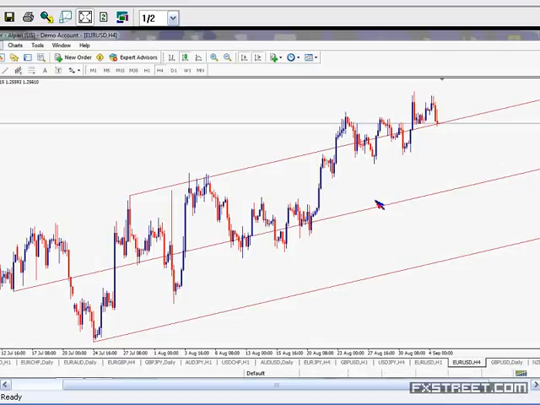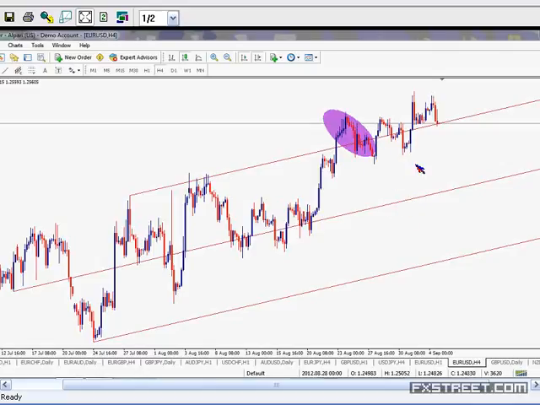Usually, when price moves above the upper line in a bullish trend or below the lower in a bearish one, we say that price is overbought or oversold, and it will tend to come back inside the figure to try to meet the median line again.